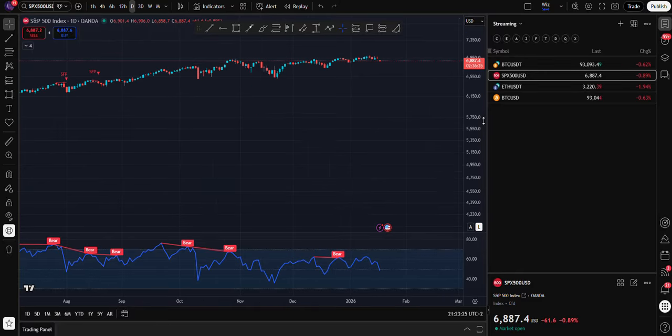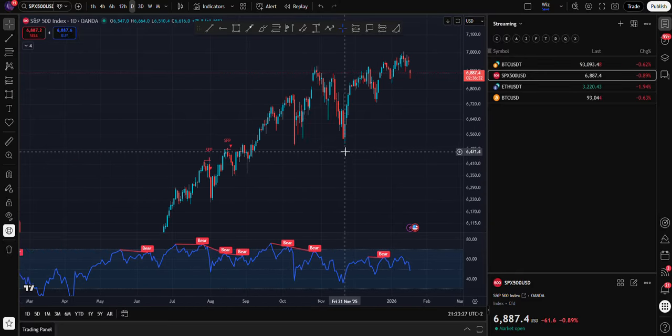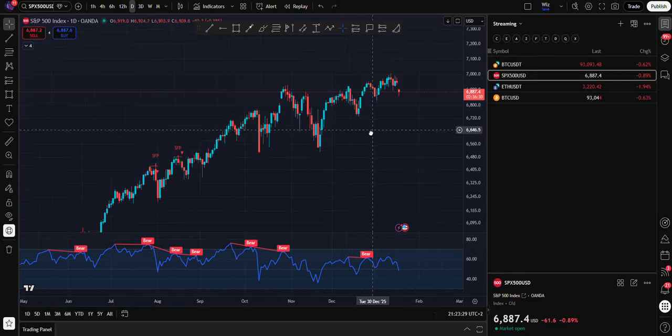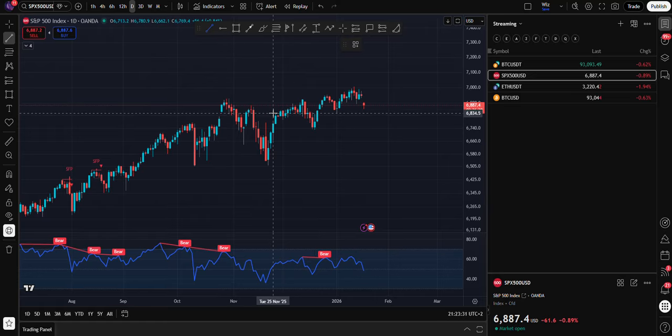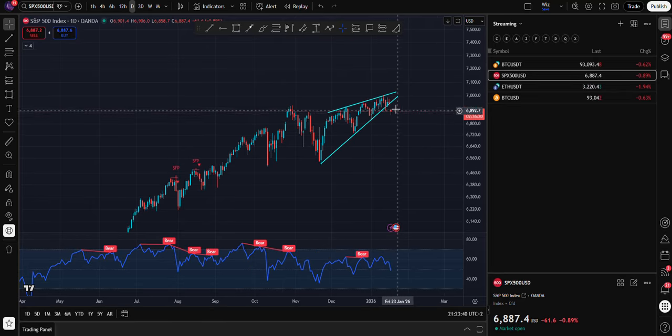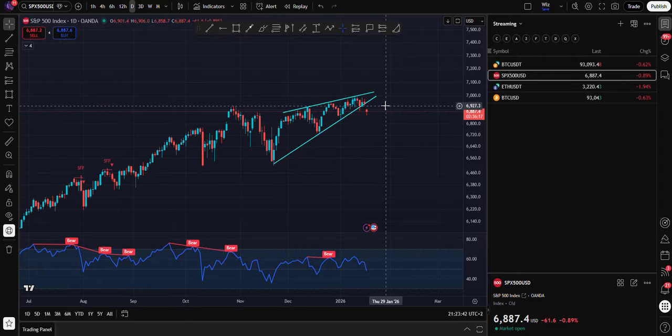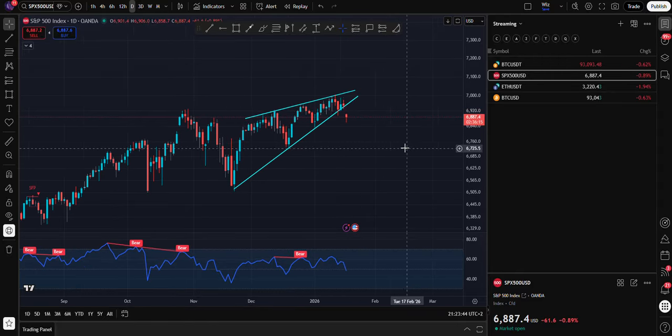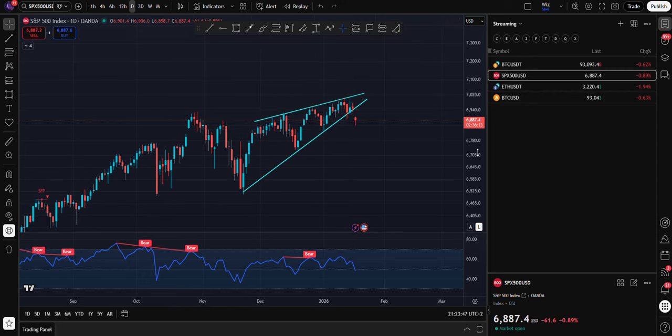Another interesting thing I'd like to discuss is the S&P 500, which currently looks like the momentum is failing here. As you can see, this rising wedge, we had this breakaway gap while the market is closed due to public holidays in the US.